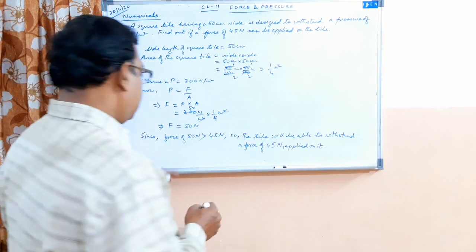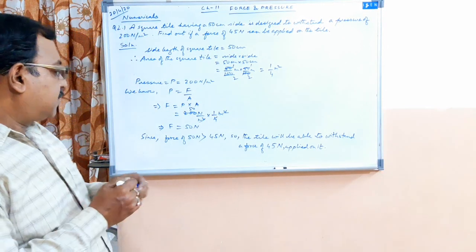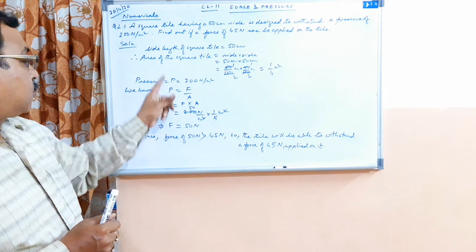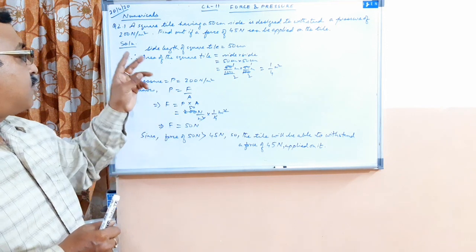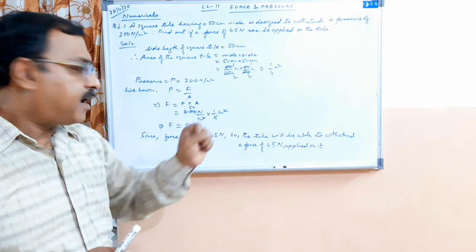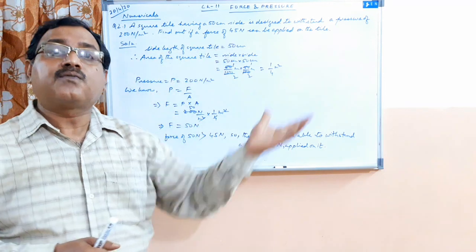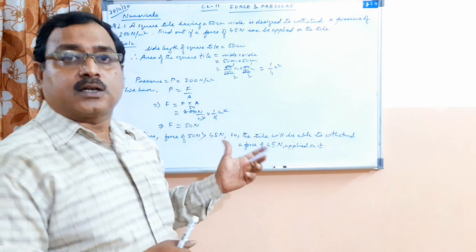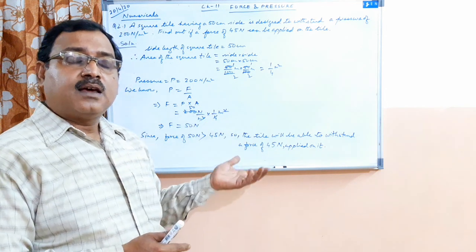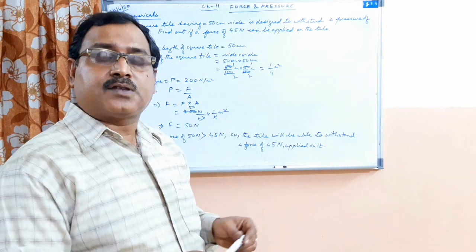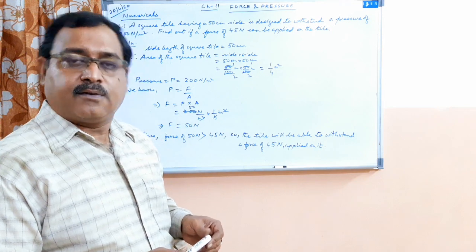Got it? Understood? So since you have found out that the total amount of force which the tile can actually withstand is 50 Newton, and here in the question they have asked whether 45 Newton force it can withstand or not. So definitely if it can withstand 50 Newton force, definitely it will be able to withstand a force of 45 Newton. Right?